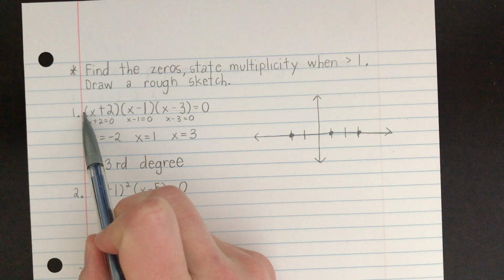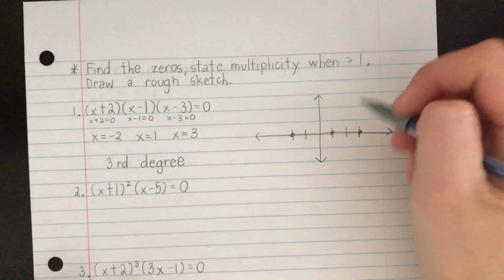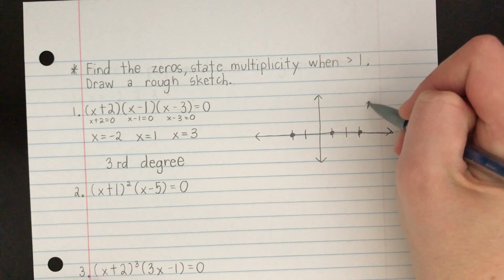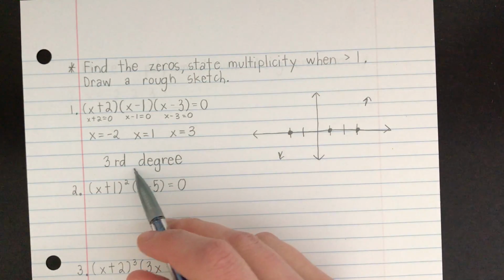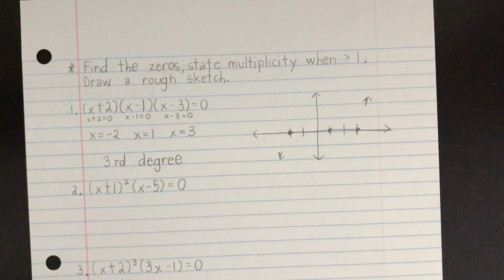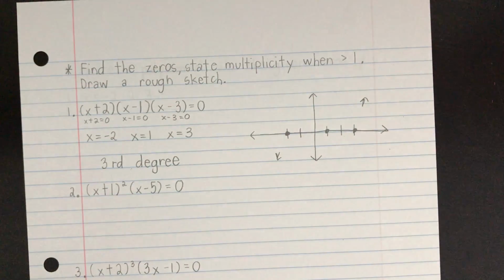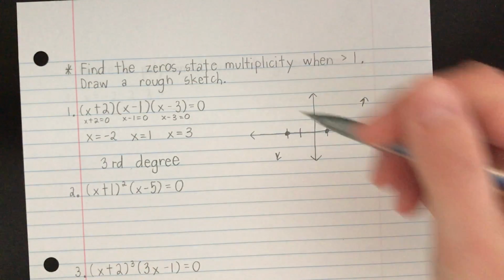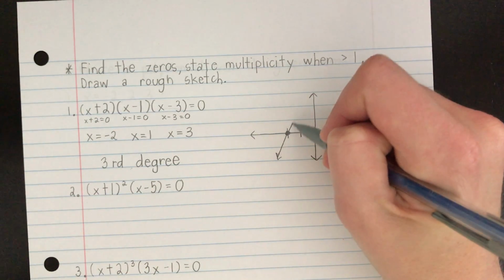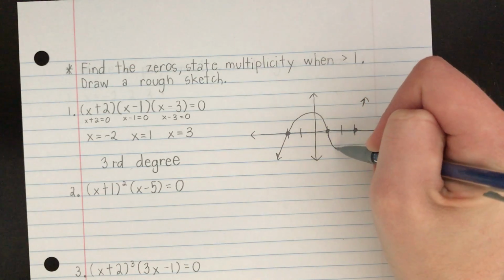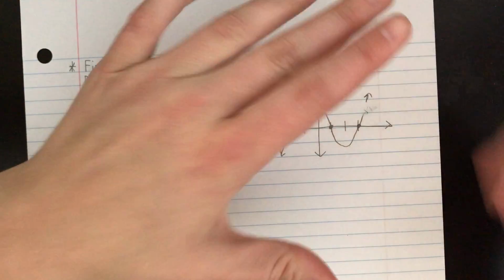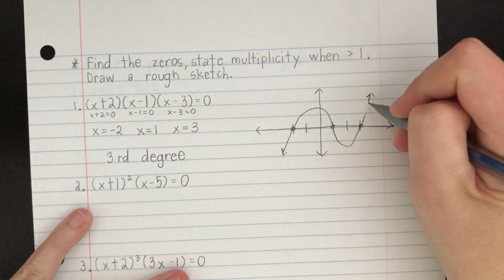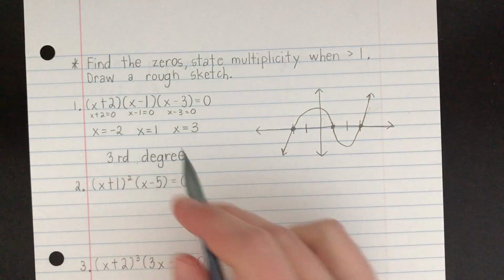The lead coefficient is positive, so I know the right arrow will face up. The left arrow will face down because odd degree means arrows face in opposite directions. If the right goes up, the left must go down. All 3 of these are singles, so I will just cut through, and cut through. Okay, oops, didn't mean for it to squiggle there. So cuts on all those because they're all singles.